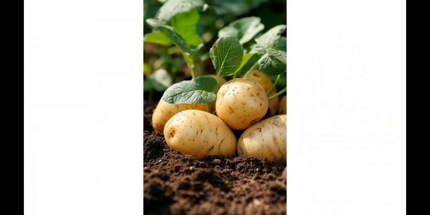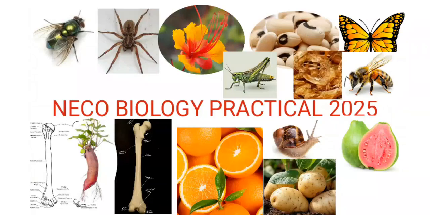Okay, now, looking at our NECO 2025 specimen, we have animals that belong to the same class. Example, we have housefly, butterfly, and grasshopper. They belong to the same class called Insecta.